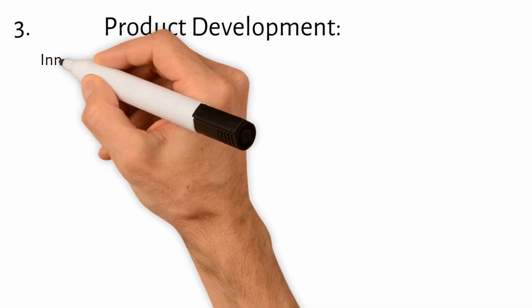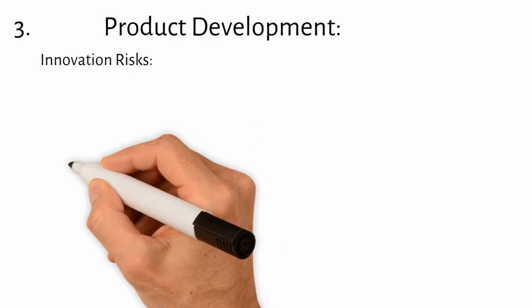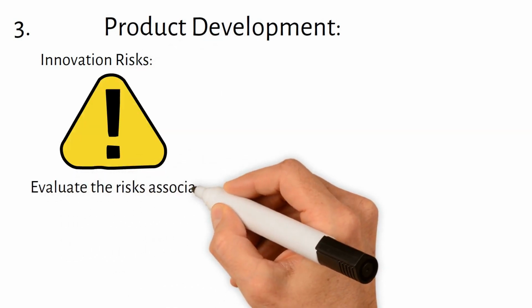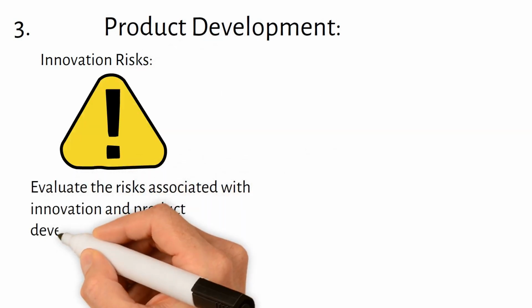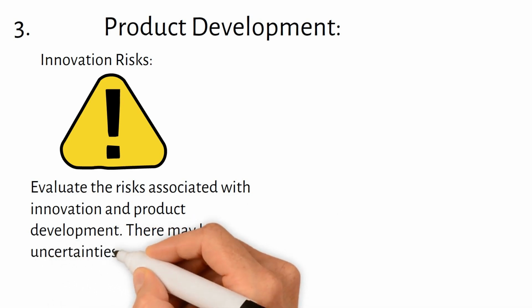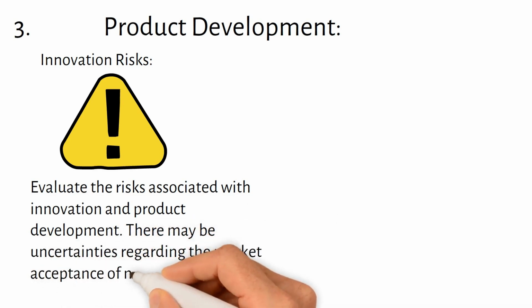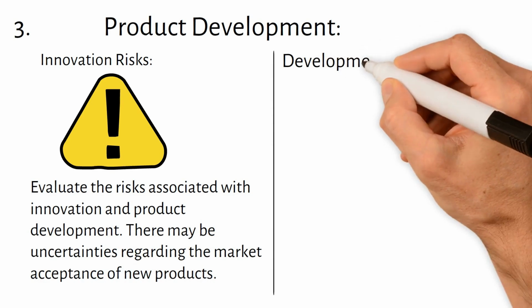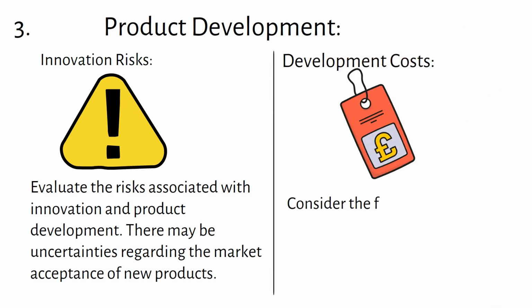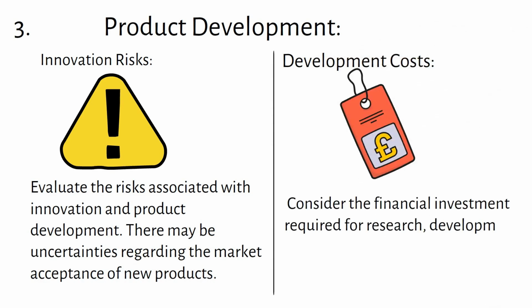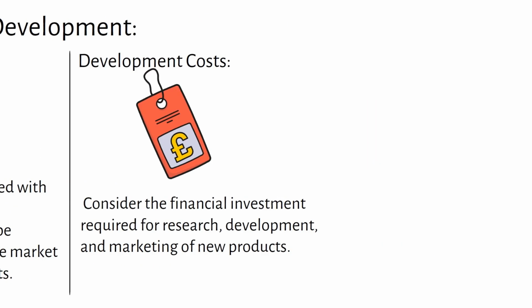Product development. Innovation risks. Evaluate the risks associated with innovation and product development. There may be uncertainties regarding the market acceptance of new products. Development costs. Consider the financial investment required for research, development, and marketing of new products.